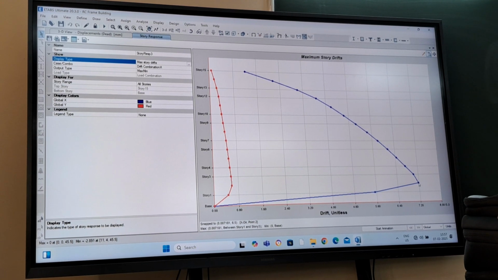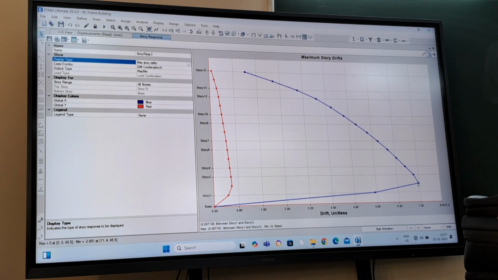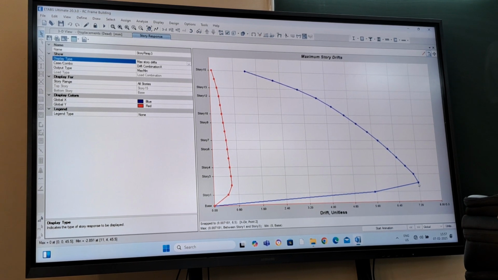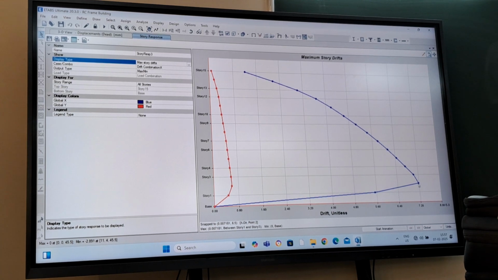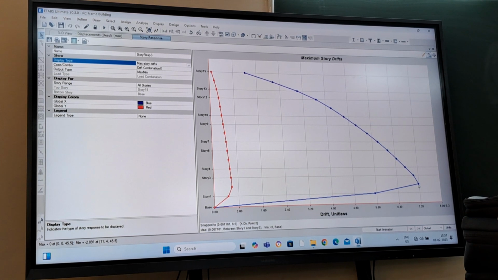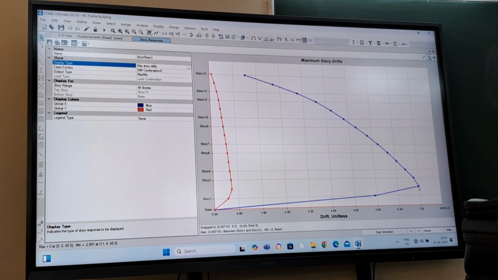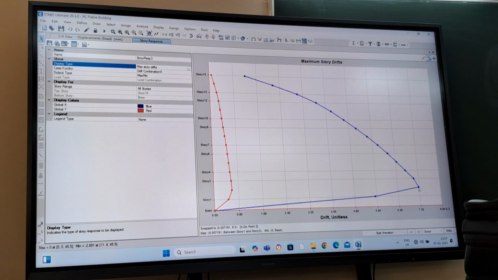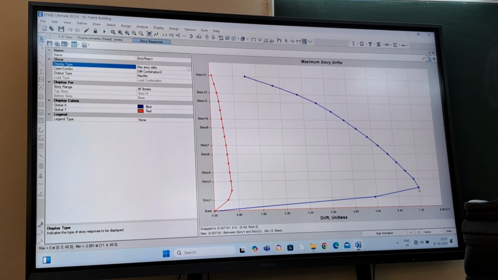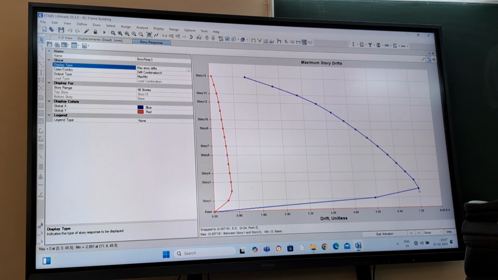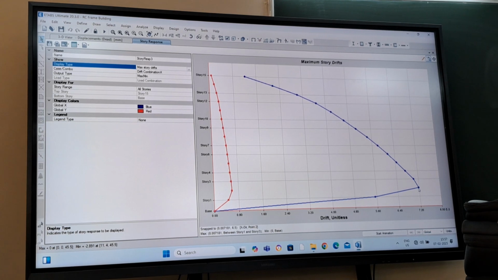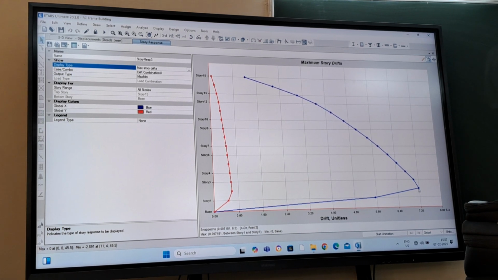See, I am checking for this combination, but there is no change in the result. But this may not be the case if you have a tall building, let's say 30 to 40 stories, and you have a huge plan area and a lot of complexities and irregularities. That time you will have some difference, but not significant.